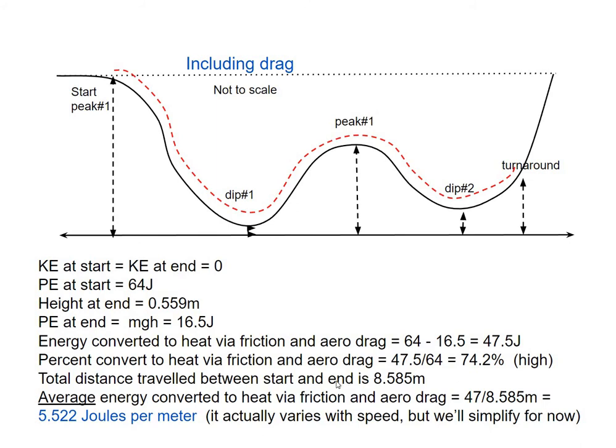The total distance was 8.58 meters, the whole distance going down this track to the end where it stopped. So the average energy converted to heat via friction and air drag is 47 divided by 8.585, which was 5.522 joules per meter. And it actually changes as you go along, but the average would be this.